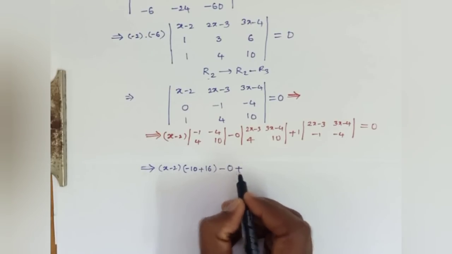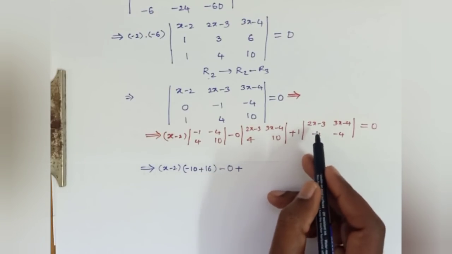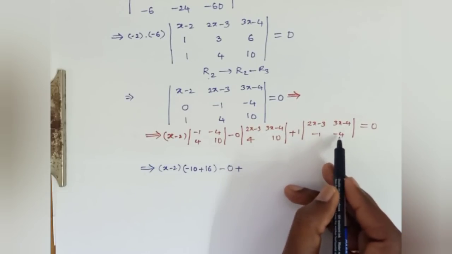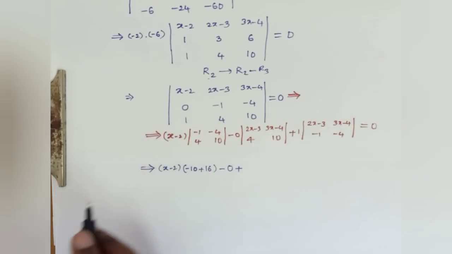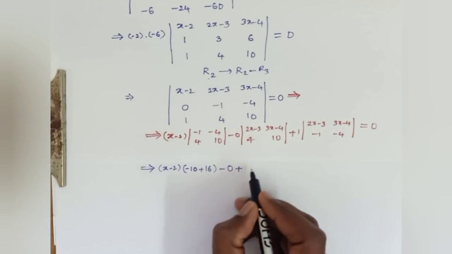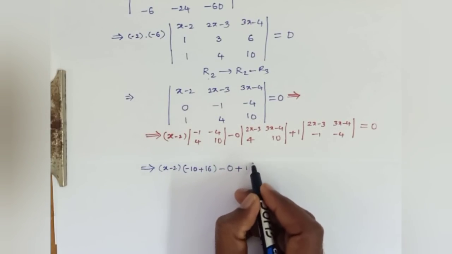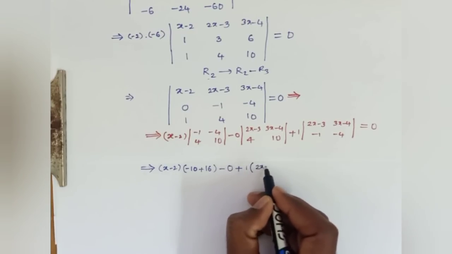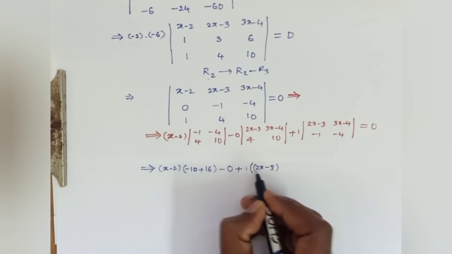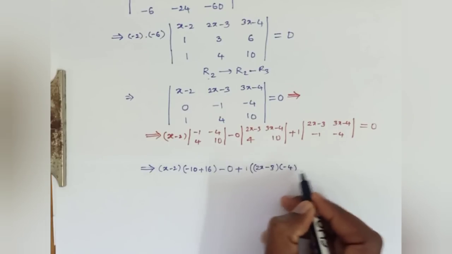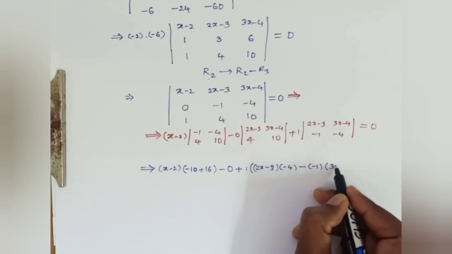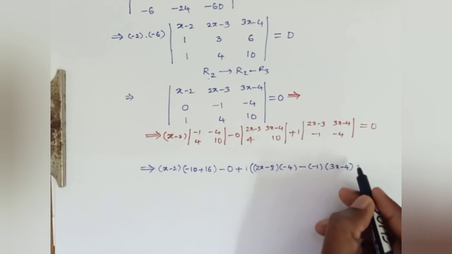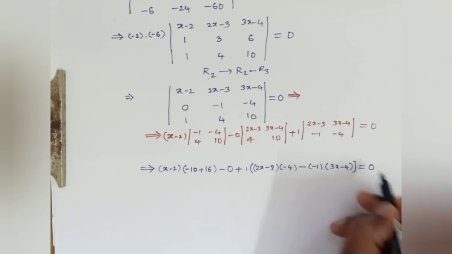Now plus 1 into, this is 2x minus 3 into minus 4, minus 1 into 3x minus 4, that is, 1 times 2x minus 3 into minus 4 minus 1 into the element 3x minus 4, is equal to 0.